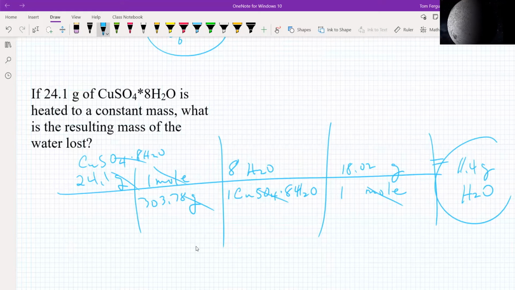Once you feel comfortable with just doing it straight, so many grams of this, how many moles of that, so many grams of this, how many particles of that, so many particles, how many moles, how many grams, then we can do some simple equations. And let's continue to use this one where we're taking copper sulfate hydrate.